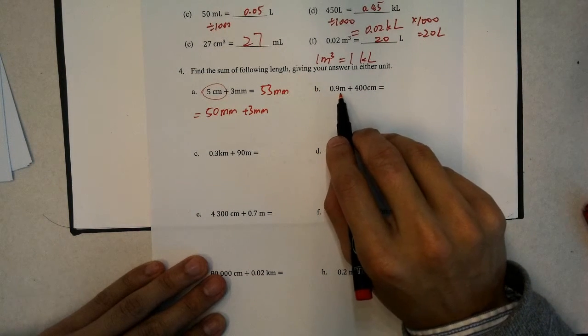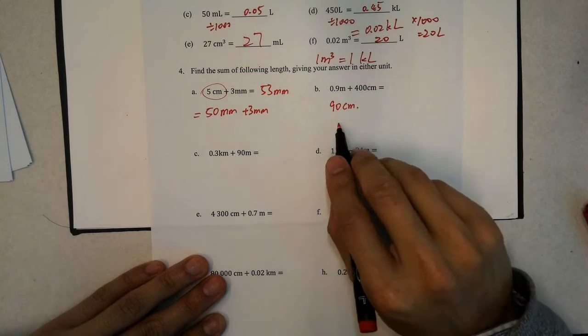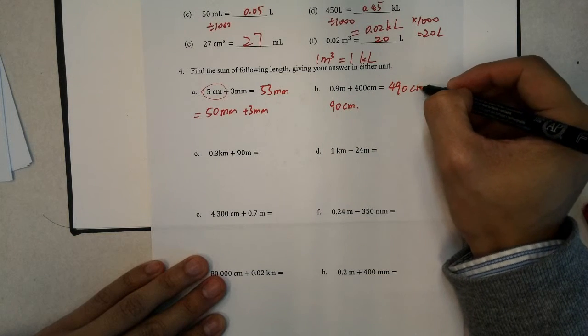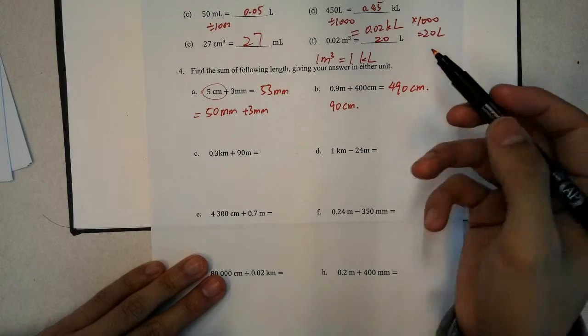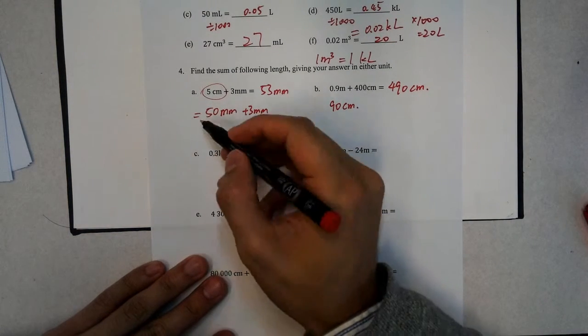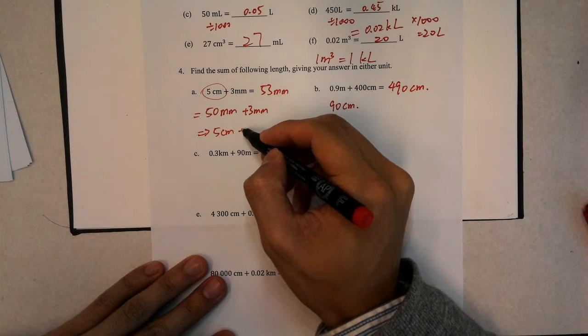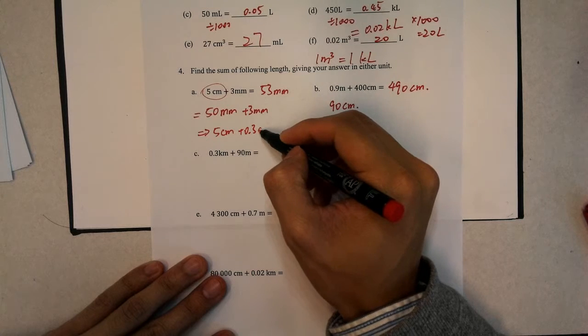And 0.9 meters is equal to 90 centimeters. So 90 centimeters plus 400, we have 490 centimeters. Of course, we can use centimeters too. For example, in this case, we can convert 0.3 millimeters to 0.3 centimeters.